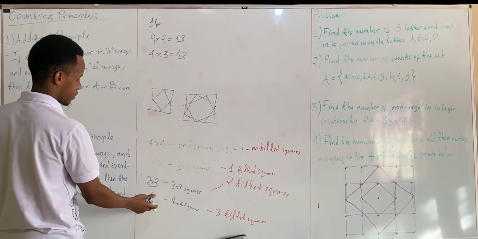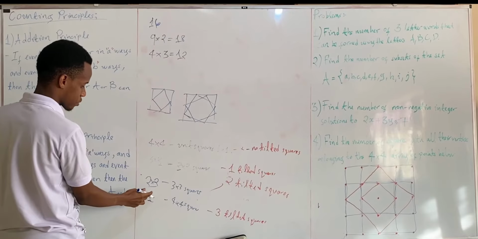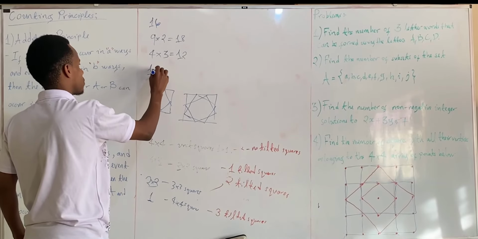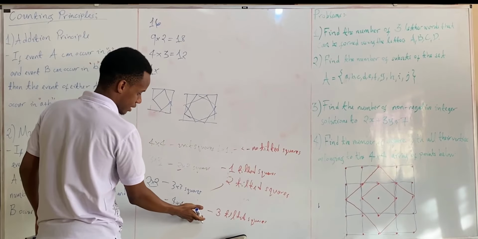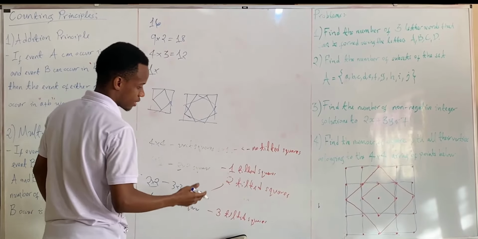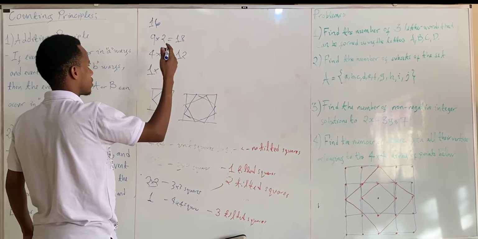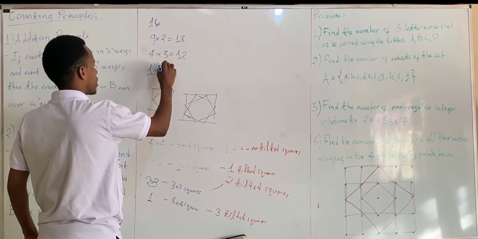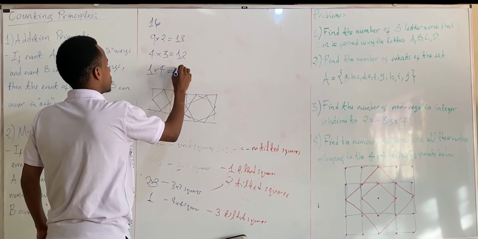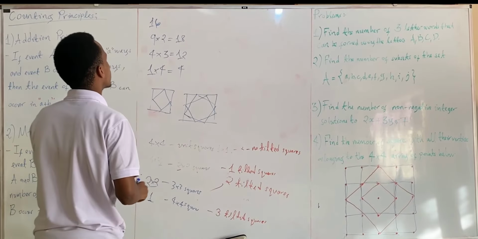And for the last one, 4 by 4 squares, we have seen that there is only 1 such square, and that square contains 3 tilted squares. So to also include the original square, we multiply by 4, in which case we get 4.